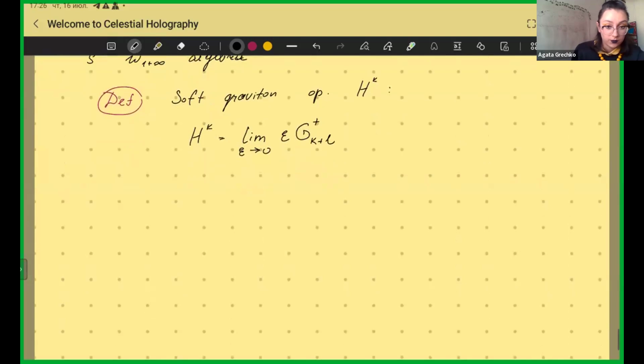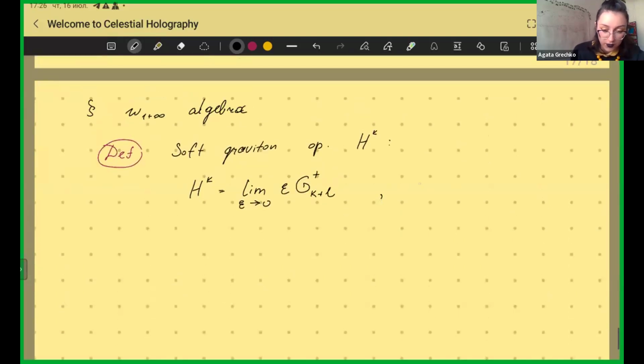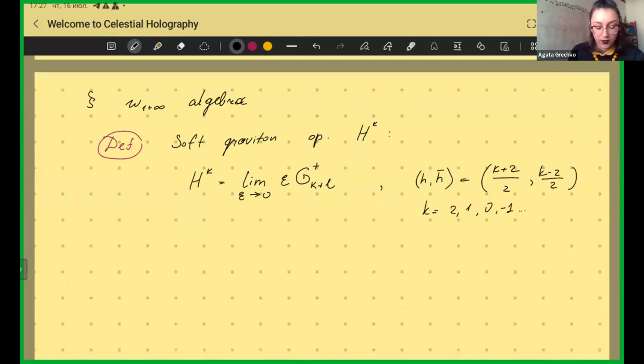So the conformal weights of these gravitons are given by the set of numbers here, where k goes from 2, 1, 0, and then all the negative integers.